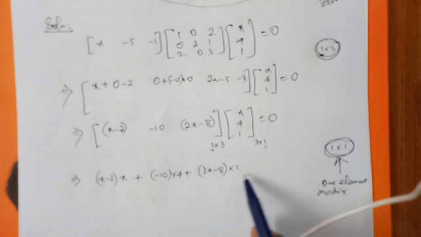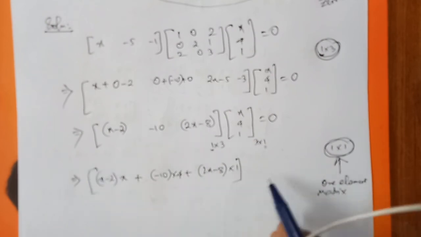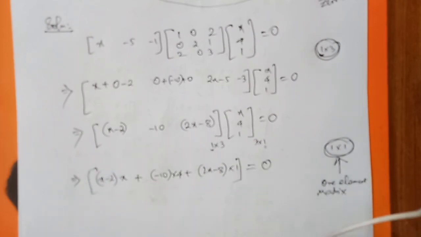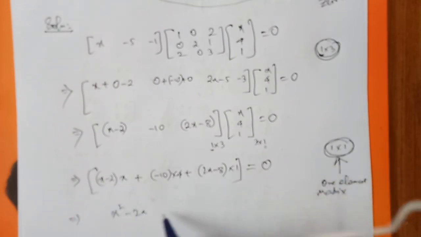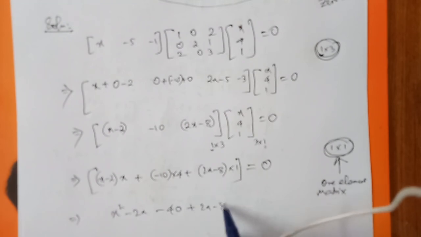So this single element is treated as a single element and enclosed by the bracket. Right hand side is 0. So left hand side it is x square minus 2x, minus 40, and then plus 2x minus 8, equal to 0.